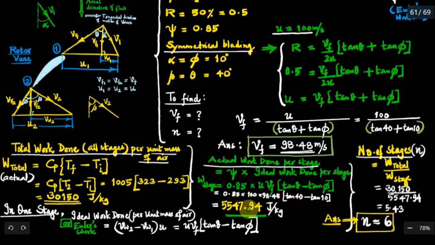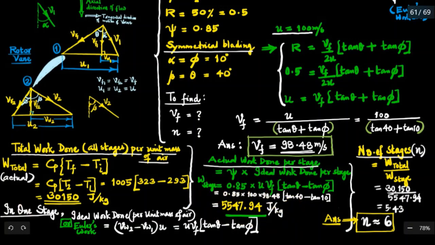So W stage, the work factor is 0.85, U is equal to 100, Vf is equal to 98.48 into tan theta, it's tan 40 minus tan phi is tan 10 degrees. So substitute this, you will get 5547.94 joule per kilogram.